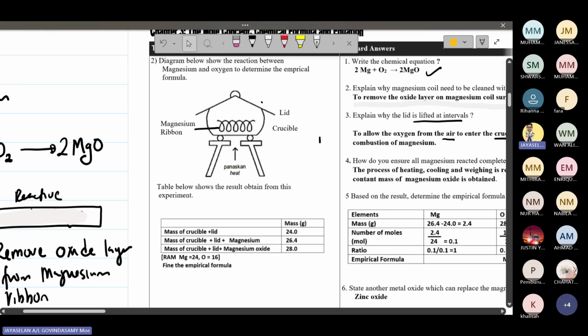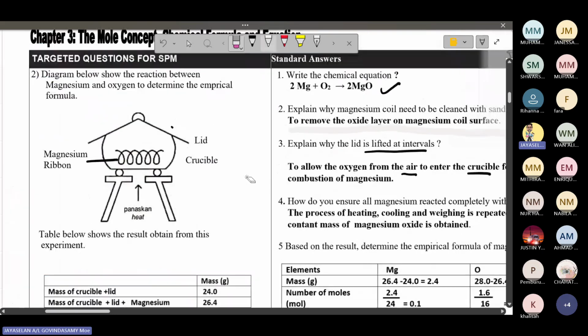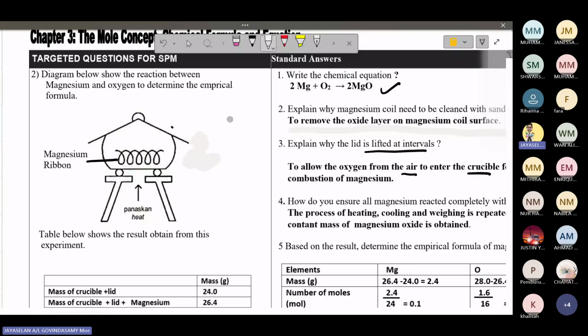Okay, sebelum tadi saya mula eksperimen ni, saya bagi tahu apa yang berlaku dalam eksperimen ni. What do they do? First process they do H. Second process they do C. Third process they do cooling. And they will keep repeating this.